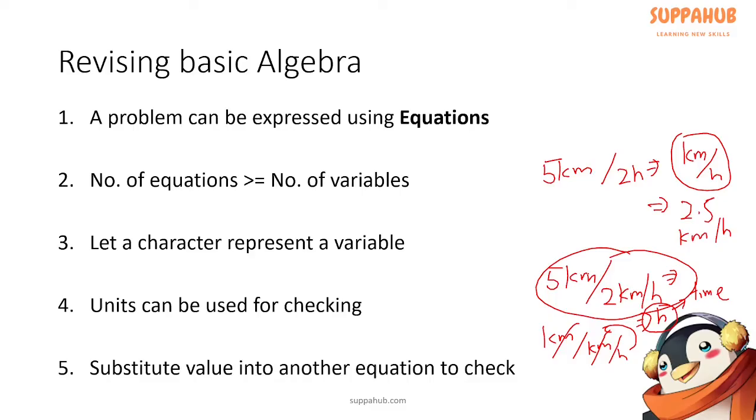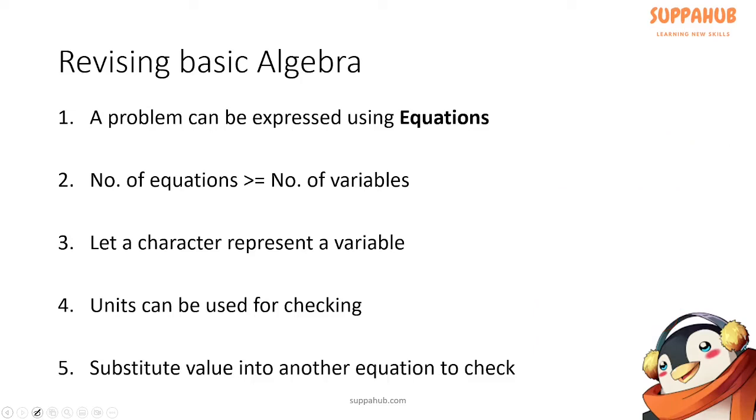Next, substitute value into another equation to check. This is basically how you can do checking. So let's erase this. If you have an equation here, for example, y plus x equals 40, that's equation 1, and then you have x equals 3y, that's equation 2.